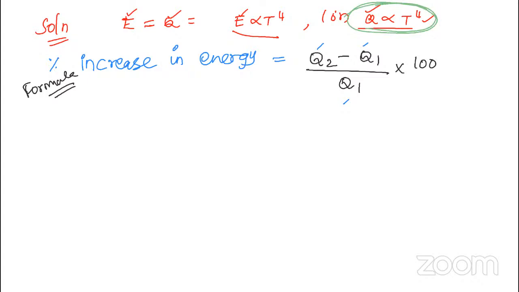So let us now write the formula: Q1 by Q2 is equal to T1 by T2, the whole power of 4.